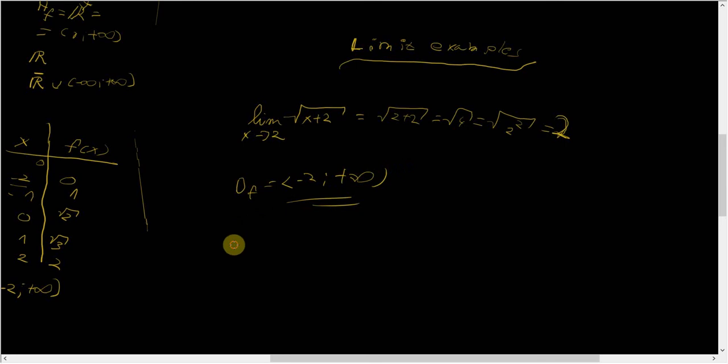Now you might come across some harder limits. Let's say x is approaching 0. And let's say we have a limit that looks like this. x squared minus 4, and below it we have x minus 2.